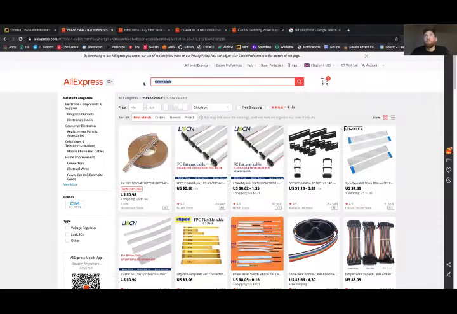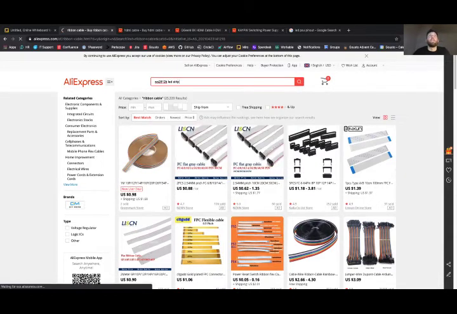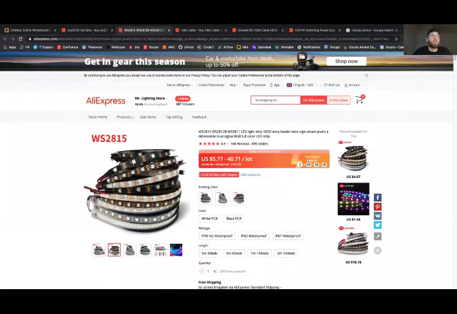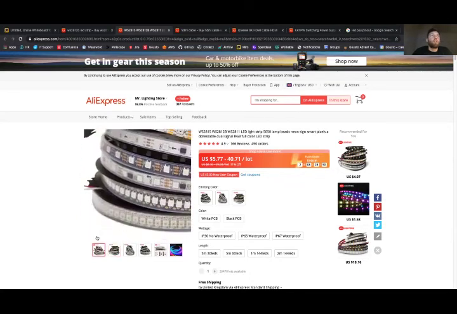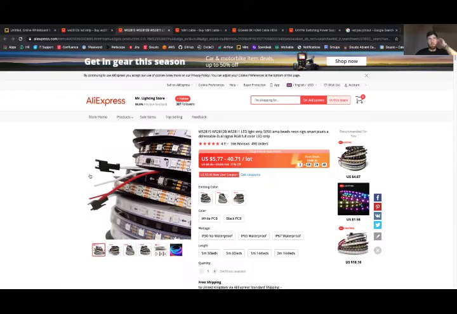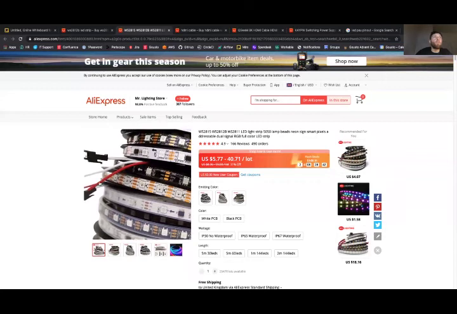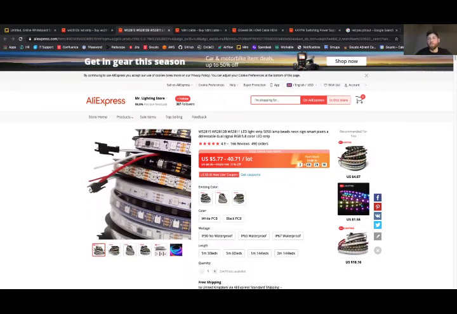So if we go back to our LEDs that you can typically buy, once again, we'll search WS2812B LED strip. We'll pull up this one. We'll have a look at the image. There are cables being considered here. You might be able to start seeing them there, but each of these strips starts with a red wire, a white wire, and a green wire, and then these connector units, which happen to be called JST connectors.